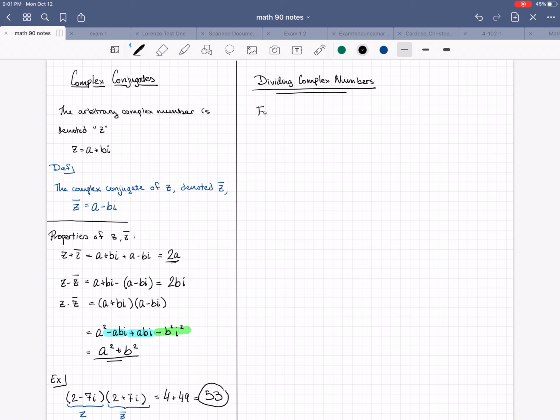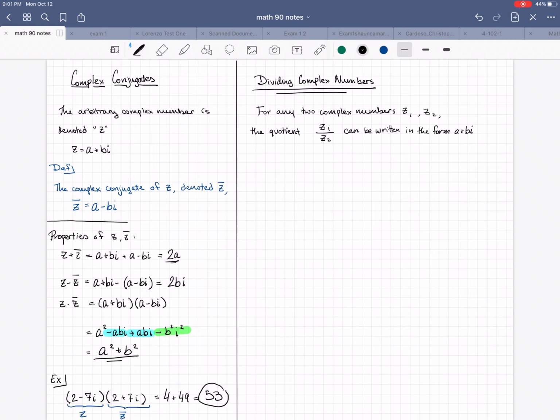I'm going to say here, for any two complex numbers, let's call them z1 and z2, the quotient z1 divided by z2 can be written in the form a plus bi.